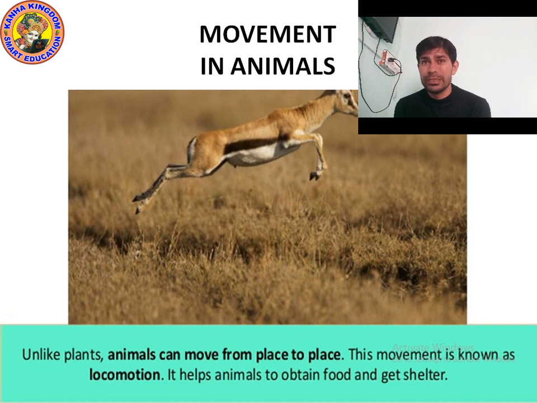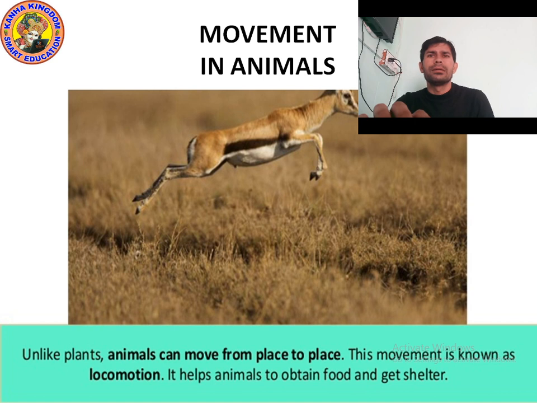You can see the deer is running. When a lion or tiger follows the deer, it starts running very fast to protect itself. They also use this skill to find food.